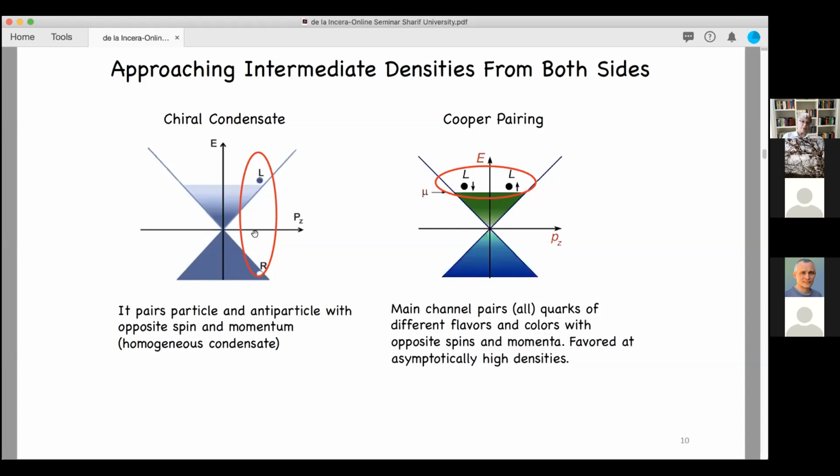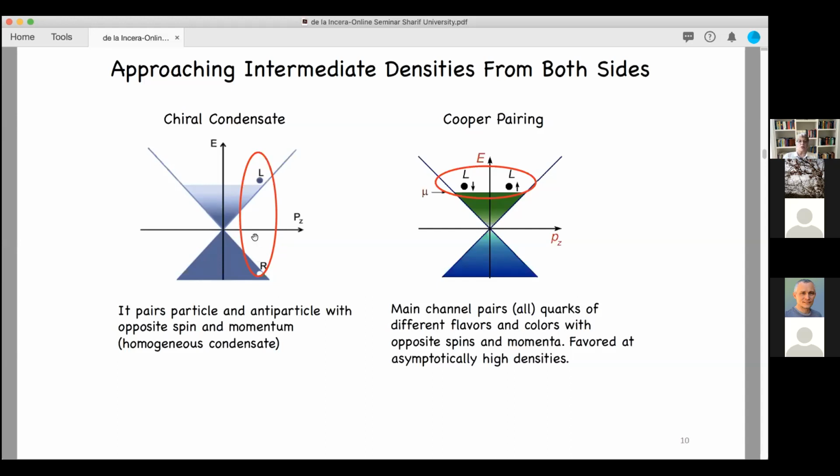But once you have density, you have to excite the antiparticles all the way to the Fermi surface for them to pair. Of course, there is an attractive interaction between particle and antiparticle, but you need to excite them, and it costs energy. Eventually, if the density is large enough, that energy is such that this is not energetically favored.